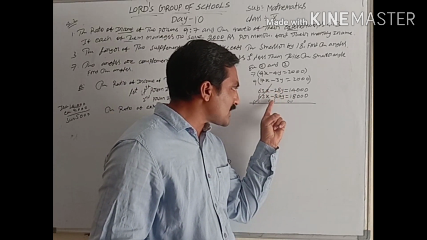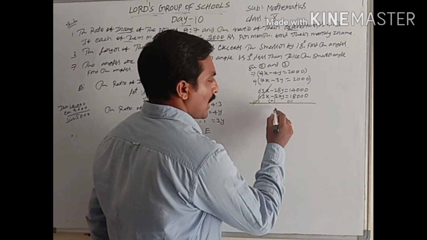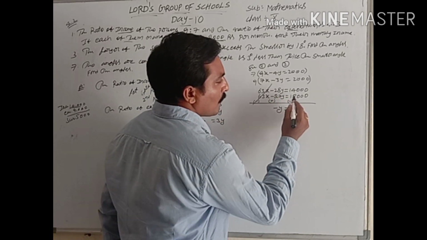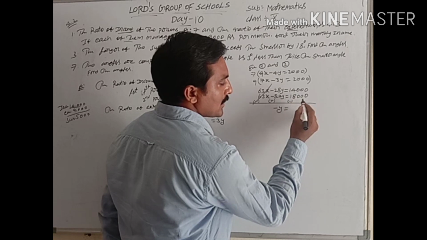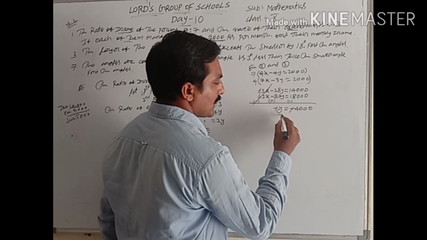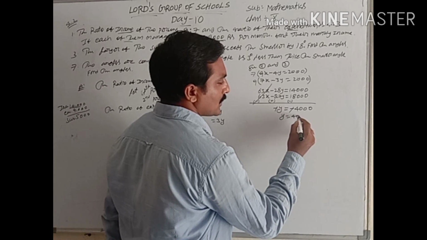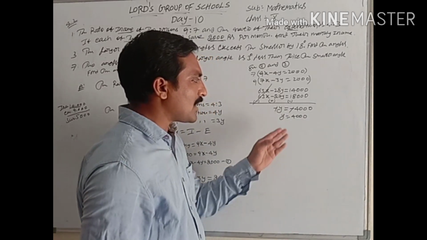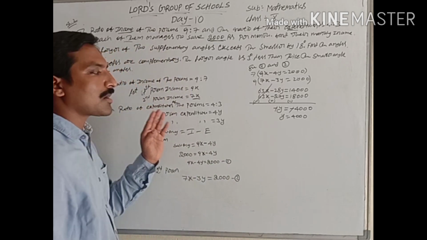Minus 28y plus 27y is minus y. 14,000 minus 18,000 is minus 4,000. The x cancels. Y value is 4,000. This y value we substitute in equation 1 or 2.